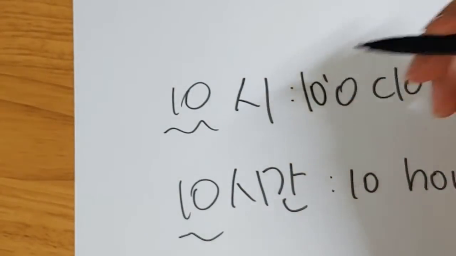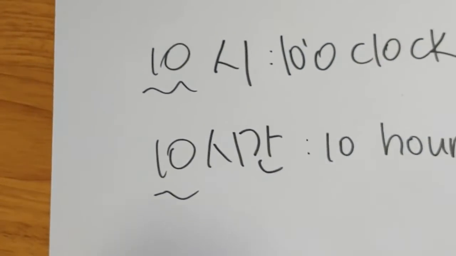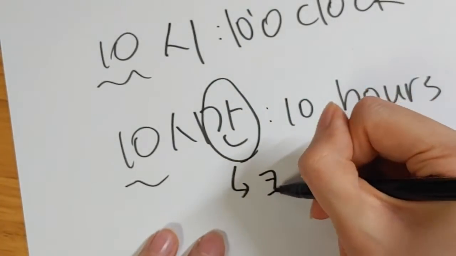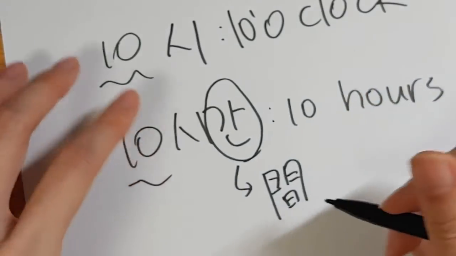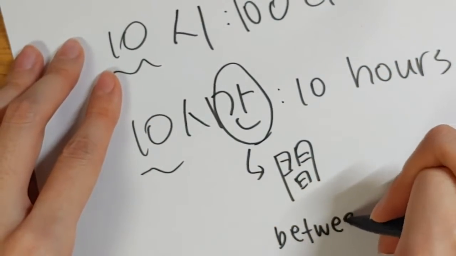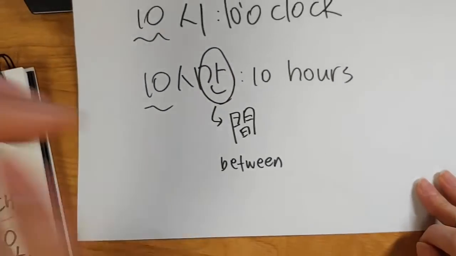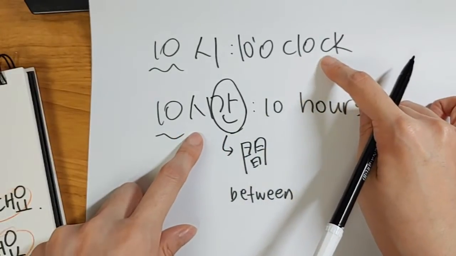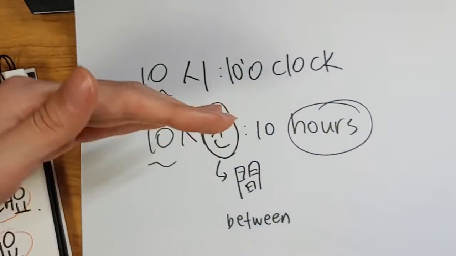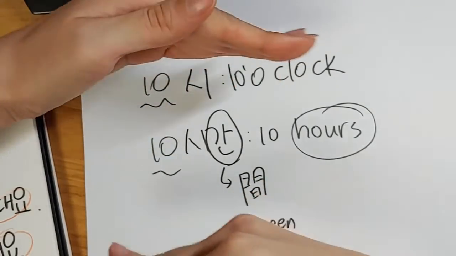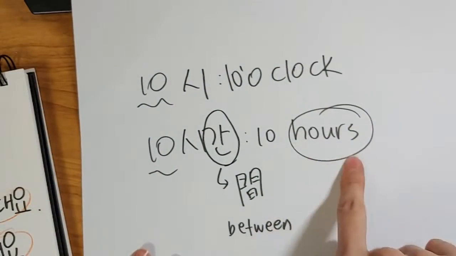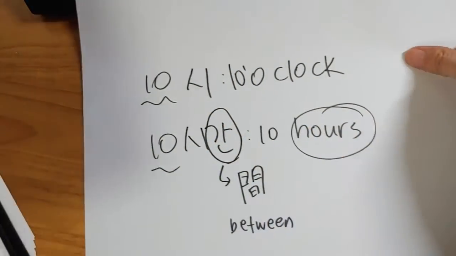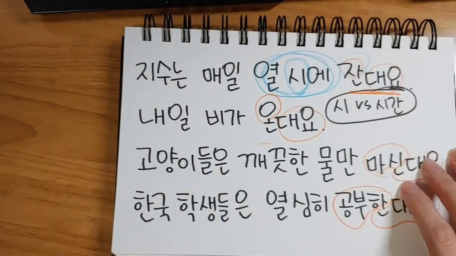So 10시 is 10 o'clock and 10시간 is 10 hours. And this 간, guys, is a Sino-Korean word that comes from the Chinese character that means between. So 시간 literally means between time, between certain o'clocks. So it means hours because it's the length that's happening between the time, right? So it's the length of time, hours, and 시 is just the simple o'clock, at that specific time. So that's how you can differentiate it.